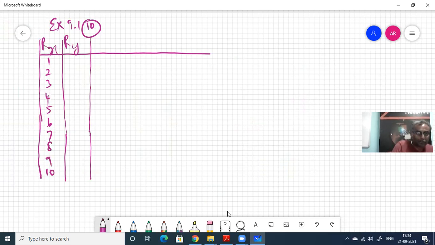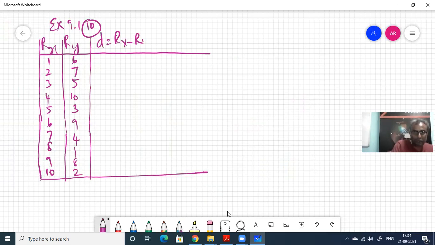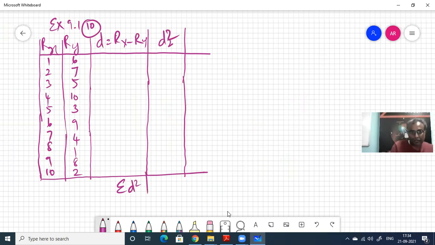Then 6, 7, 5, 10, 3, 9, 4, 1, 8, 2. So D is equal to Rx minus Ry. Then find D squared. Then sigma D squared. Very simple sums, no? Correlation is tougher. This is very much easier. Longer, not tougher, longer.